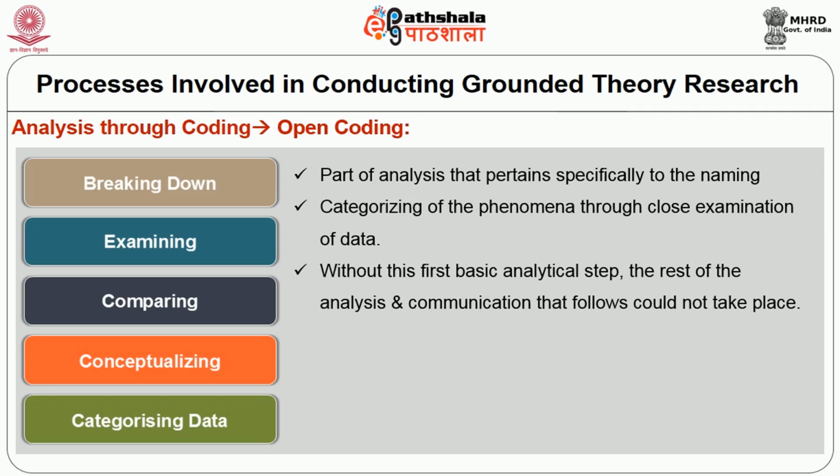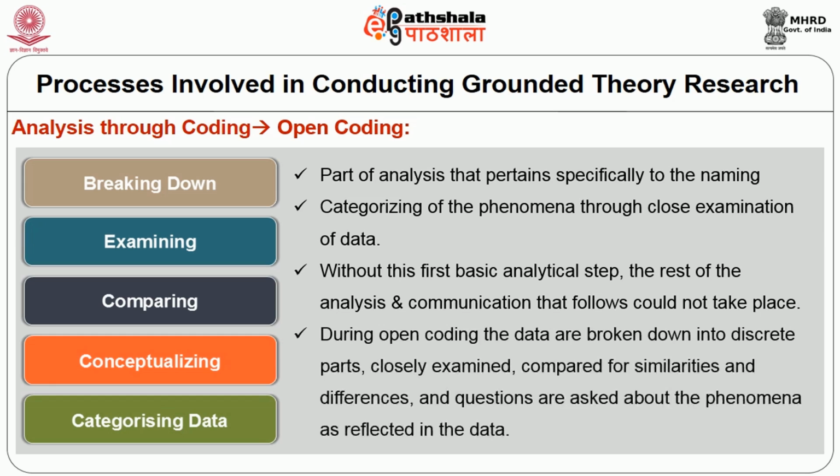Without this first basic analytical step, the rest of the analysis and communication that follows could not take place. During open coding, the data are broken down into discrete parts, closely examined, compared for similarities and differences, and questions are asked about the phenomena as reflected in the data.